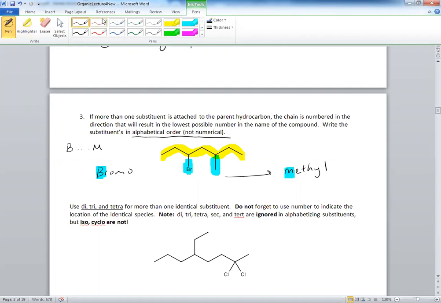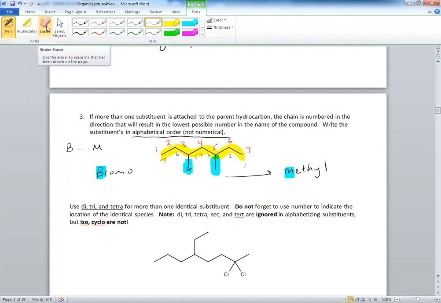So in this case, you would have to count from this way: 1, 2, 3, 4, 5, 6, and 7. If you counted the other way, 1, 2, 3, 4, 5, 6, and 7, you will get the wrong answer. Why? Because bromine starts with a B.